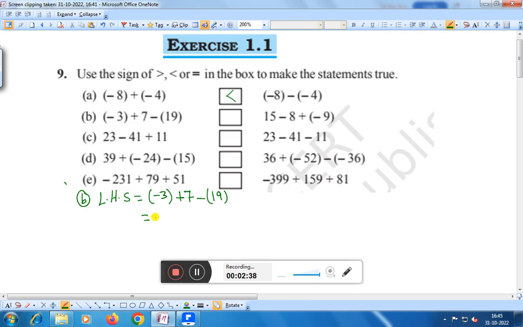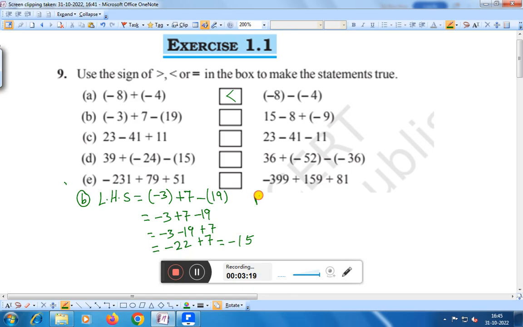Therefore, we are getting -3 plus 7 minus into plus minus 19, or you can write -3 minus 19 plus 7, that is equal to minus 22 plus 7, and that is equal to minus 15. That is left hand side.